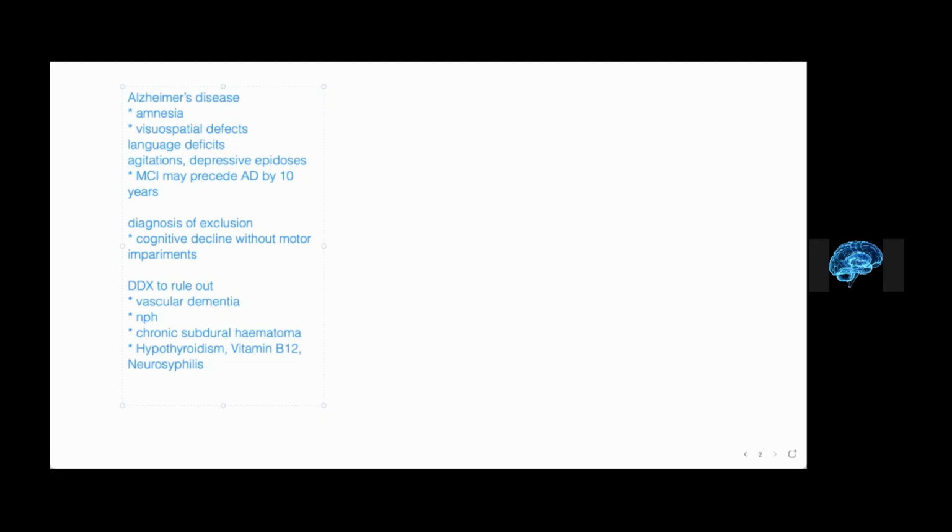So in your mini mental state examination, which is a test out of 30, you can look up the components. If you see that there is a progressive decline in scores, then you would be worried about Alzheimer's disease.